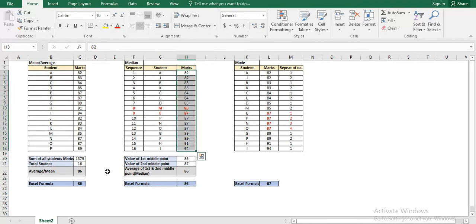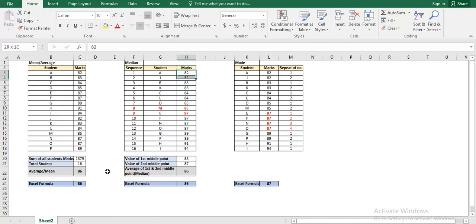There are two different methods by which we can find our median. If the count is even, then we take the middle two values, like I did here, 85, 86. If the total count in any data set is odd, then we take just the middle value, whatever comes.